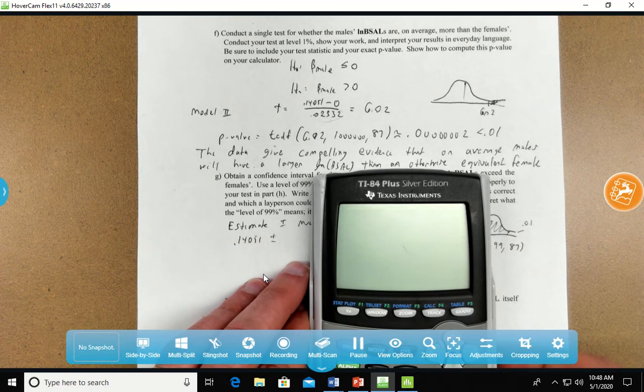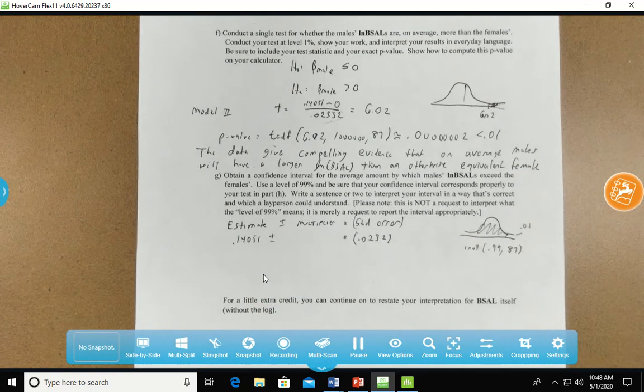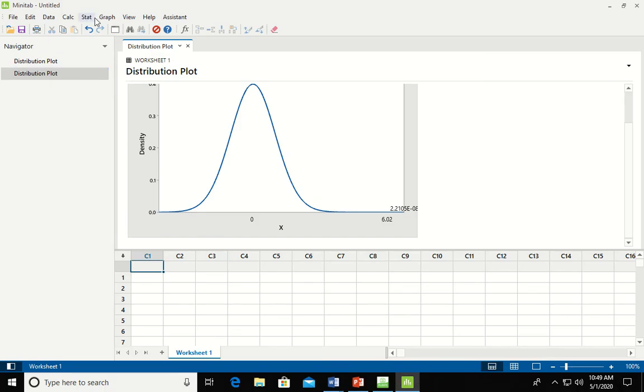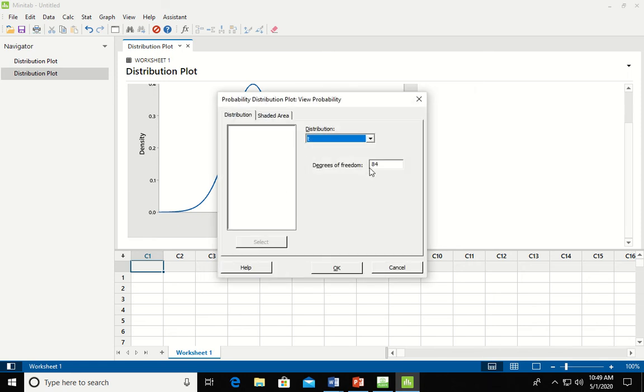Okay, if you had a calculator that actually had power, we could do this, but I don't. It's too bad. So we'll go to Minitab and go to Graph, Probability Distribution Plot, View Probability. Okay, I want a t-distribution, 87 degrees of freedom.